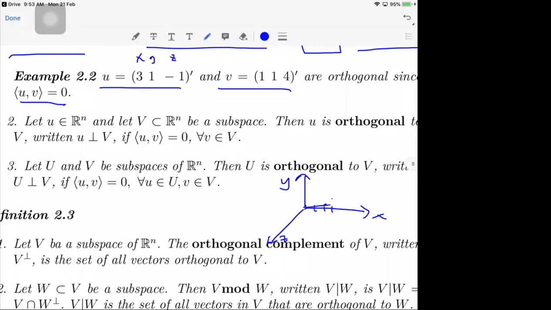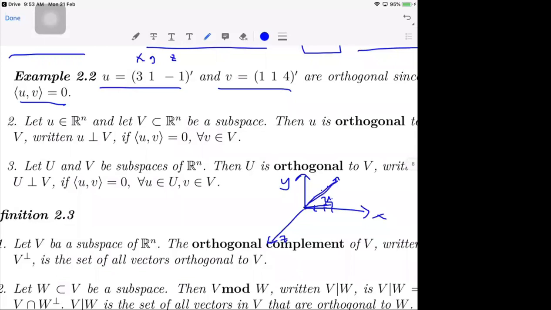So this is your vector u, and then 1, 1, and 4, 3, 4, somewhere here.